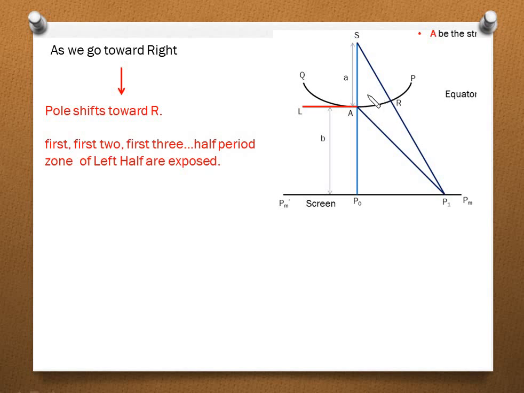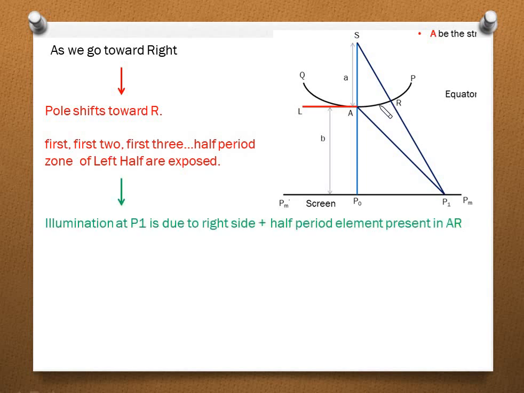As we gradually move, initially the first half period zone will be exposed. If you move further, the second half period zone will be exposed, then the first three half period zones. So the intensity at any point to the right of P0 will be the sum of the amplitude coming from the right side as well as the left side.